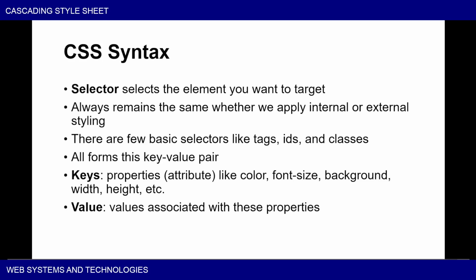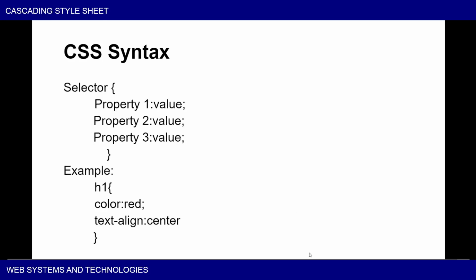I'll show you what is internal and external styling later on. There are a few basic selectors like tags, IDs, classes. All of these form key value pairs. If you're not familiar with a key value pair, we're going to go back. So we have property and value. This is the key and this is the value.